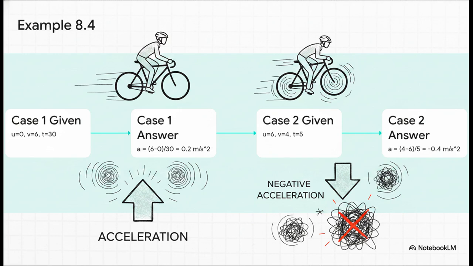But check out what happens in the second case. He applies the brakes. Now our given u is 6, our v is 4, and our t is 5. So 4 minus 6 gives a negative 2 divided by 5, which equals a final answer of negative 0.4 meters per second squared. His acceleration is actually negative because it's acting directly against his direction of motion.